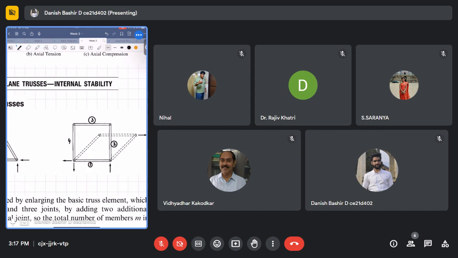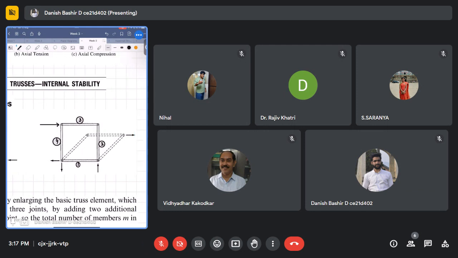Okay. But if I look at this structure, if I apply loads like this, these are not actually shear loads, they are actual loads at the joints only. So you will see that it will skid like this, it will deform like this. It's not an internally stable structure. It is because of some reasons I will tell you in a couple of minutes.